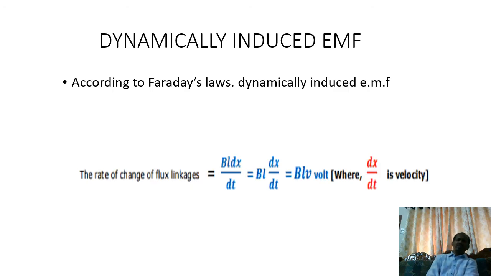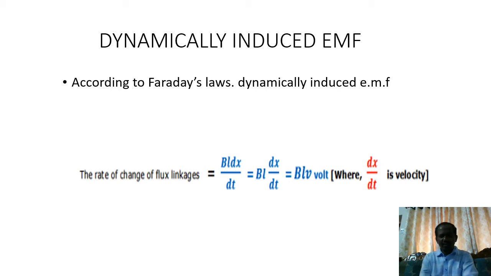According to Faraday's law of electromagnetic induction, the dynamically induced EMF in the conductor is equal to d phi by dt. So d phi is B L dx, and dt is the change in time. So B L into dx by dt. What is dx by dt? Velocity.